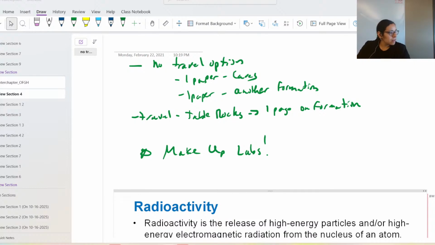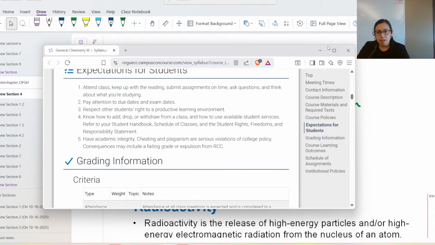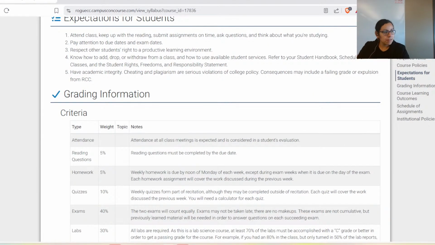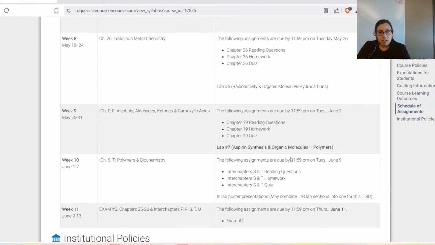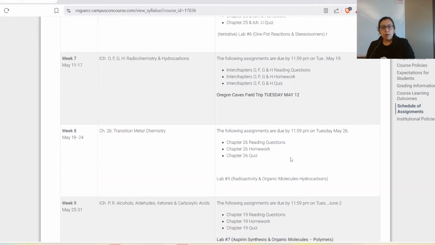And so now we're just wrapping things up at the end of these last few weeks. Let's look at our syllabus again, and see where this quarter is going to lead us. We'll do radiochemistry today, which is pretty brief, and then hopefully we'll get through some hydrocarbons.